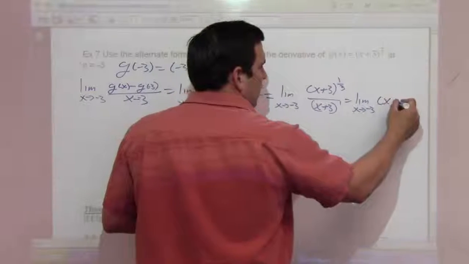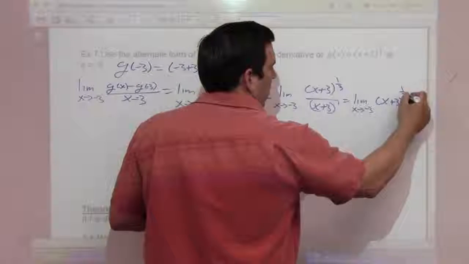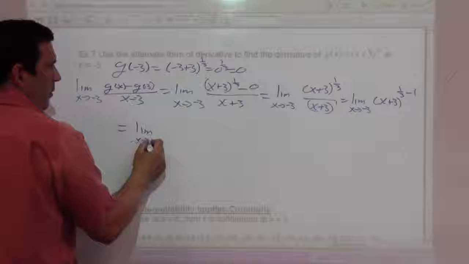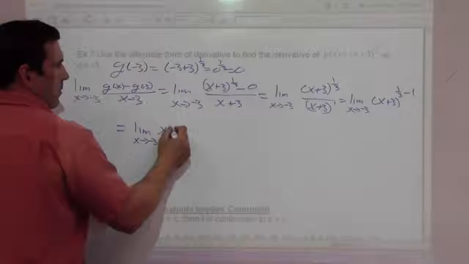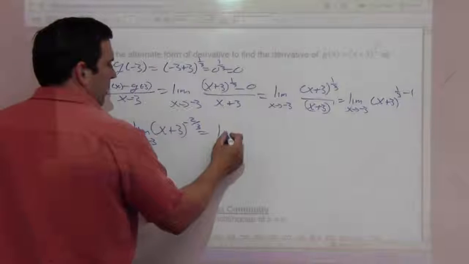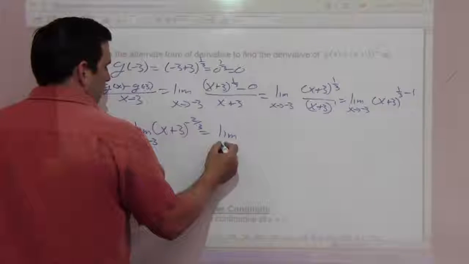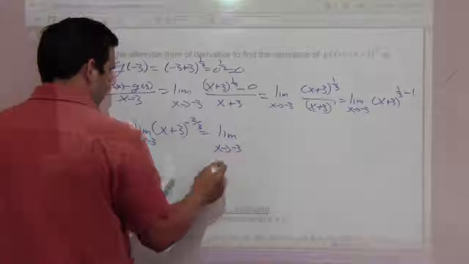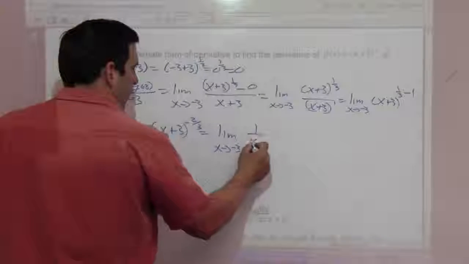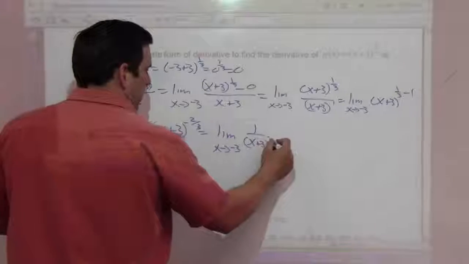That's going to be x plus 3 to the 1/3 minus 1, which is the limit as x approaches negative 3 of x plus 3 to the negative 2/3, which is the limit as x approaches negative 3 of 1 over x plus 3 to the 2/3.